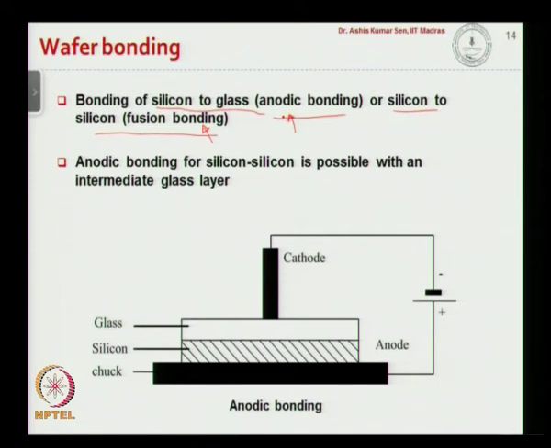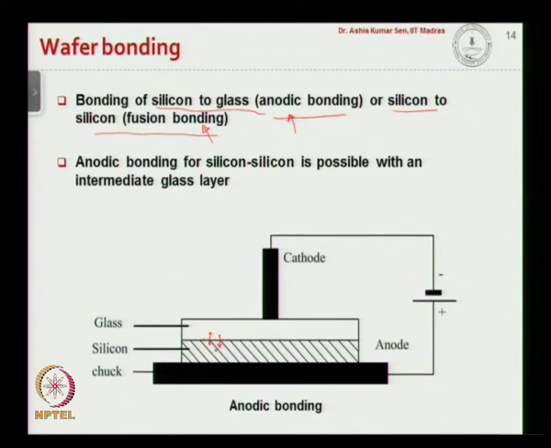Anodic bonding uses relatively lower temperature. As you can see, this is the setup where the silicon is connected to the anode and glass is connected to the cathode, and by applying a high voltage, the atoms at the interface are going to penetrate into each other.